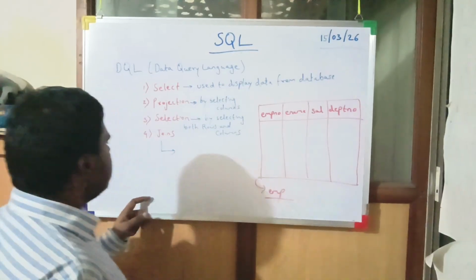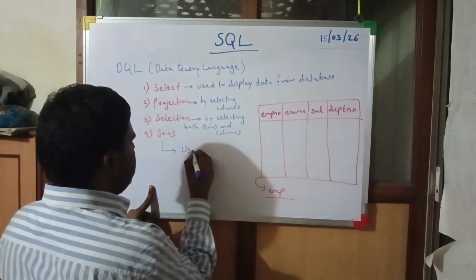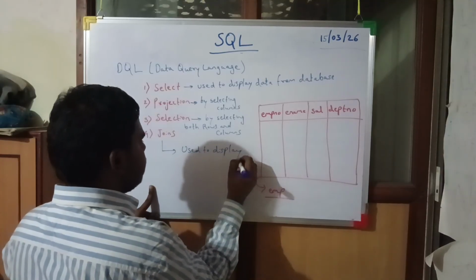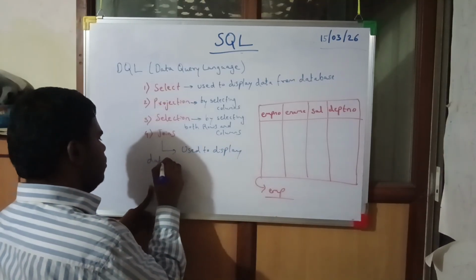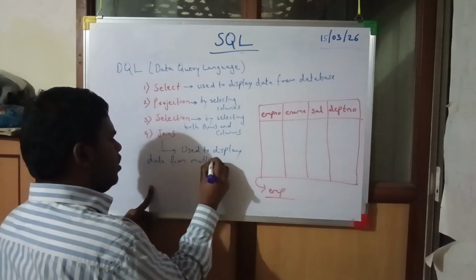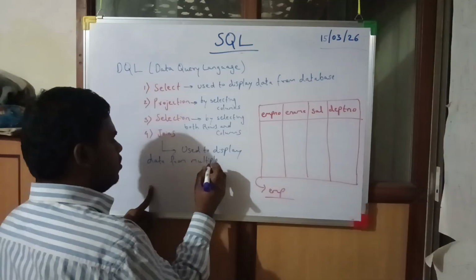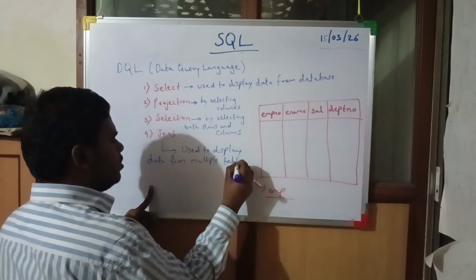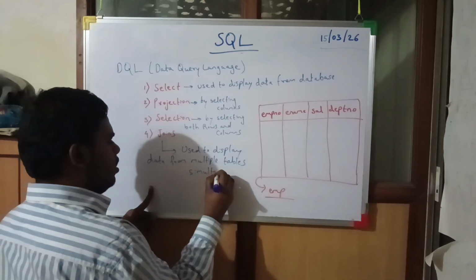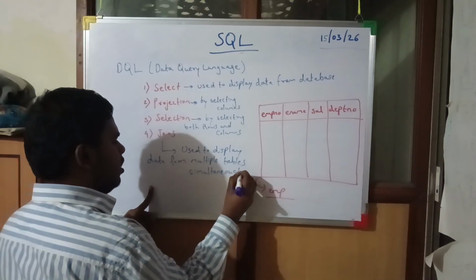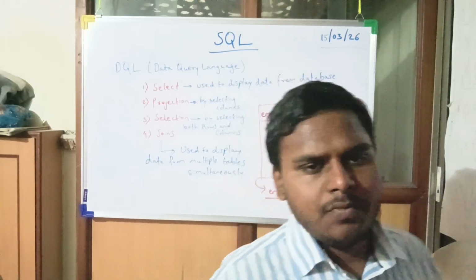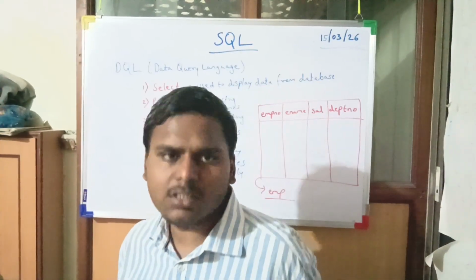So joins are used to display data from multiple tables simultaneously. Simultaneously means at the same time. At the same time we are displaying the data from multiple tables. That is the use of joins.